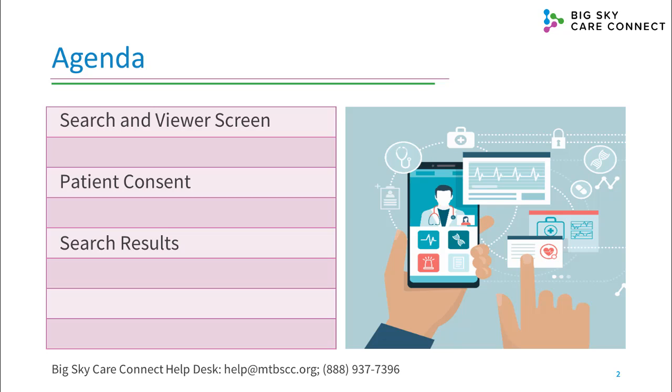This training is designed to help you get the most out of your health information experience and may contain some features not available to your organization. If you have any questions over the features in this training, please contact the Big Sky Care Connect Help Desk at help@mtbscc.org or call 888-937-7396.